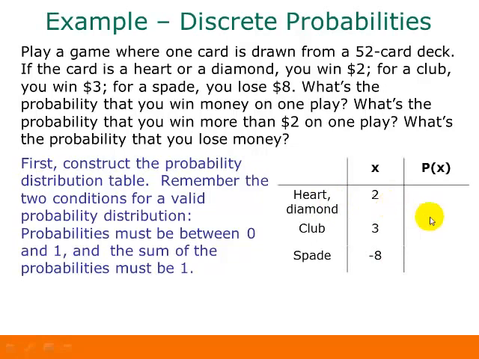The probabilities, since there are the 4 different suits and an equal number of cards in each suit, then the probability for each different suit is 1/4. So here, since we have 2 suits combined, the probability there would be 1/4 plus 1/4. For the other 2 suits, each one of them has a probability of 1/4.